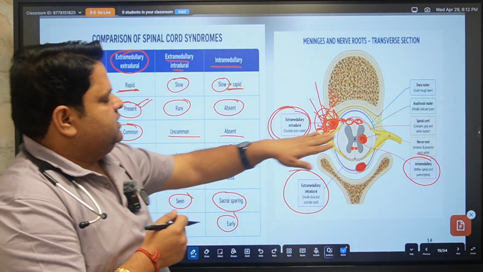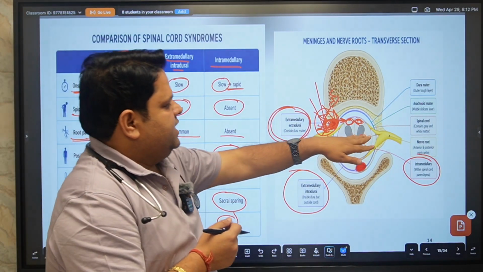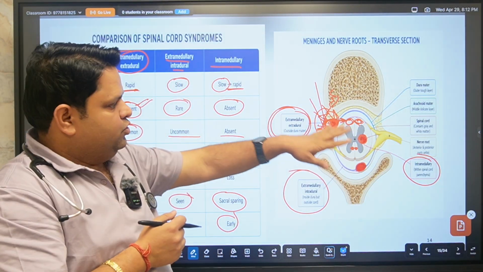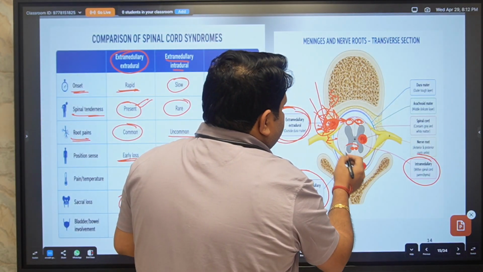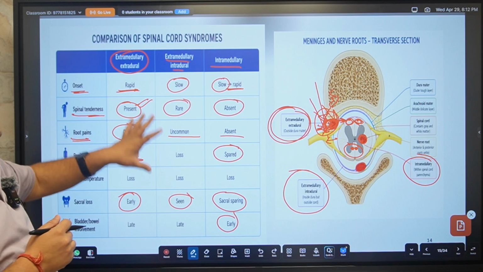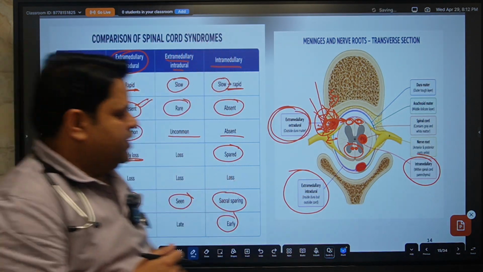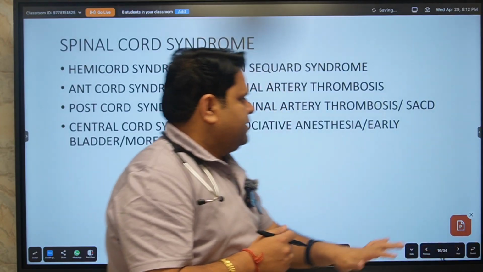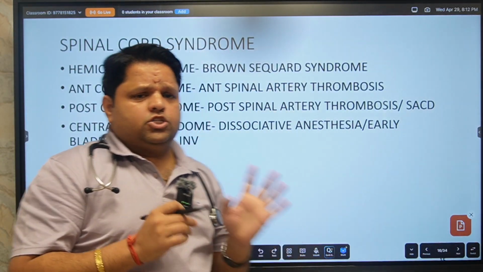Sacral sparing is seen in the intramedullary region, because sacral fibers are outside, and early bladder and bowel involvement is there in the intramedullary region. So these are the differentiating features of the extramedullary extradural, extramedullary intradural, and intramedullary lesions of compressive myelopathy. Then we come to the spinal cord syndromes.